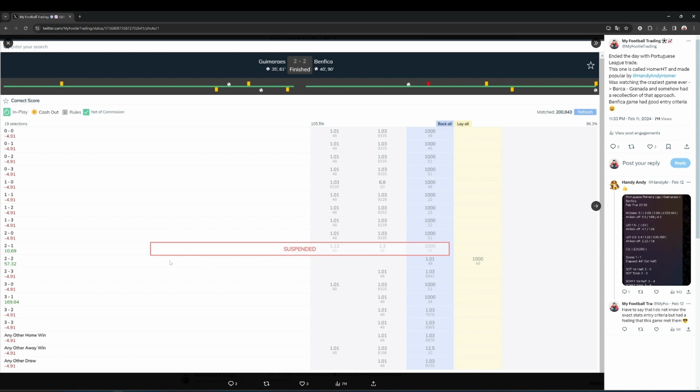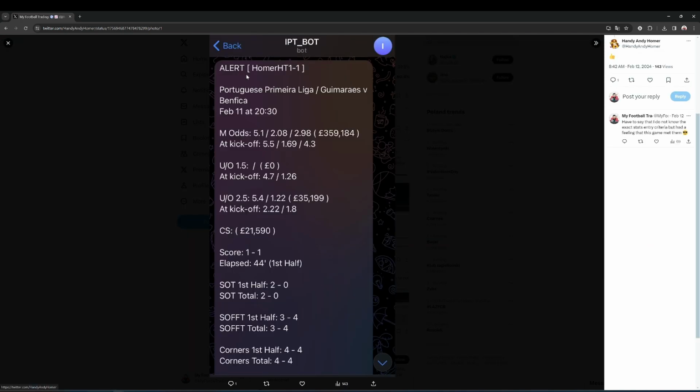Okay, one final thing with regards to the entry criteria, just to end on this. So it's not only home team being a dog and 1-1 or 0-0 halftime score. Also, what is important is the in-play stats. So if you look at that, you can see the match odds at kickoff, and at the very moment you can see clearly that the home team is the underdog.